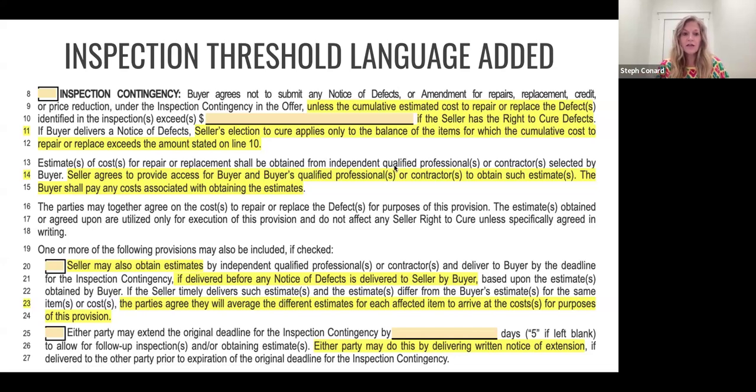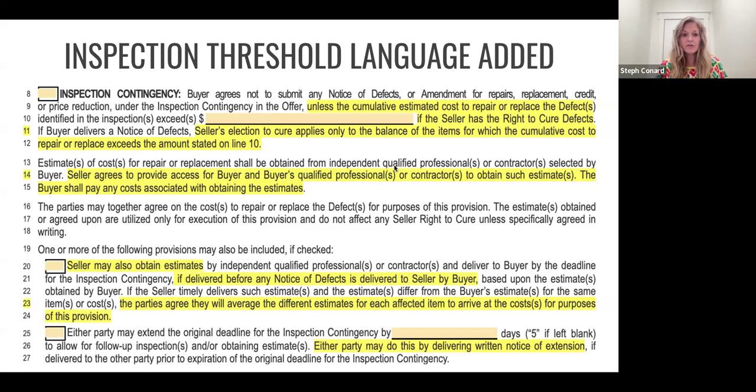The seller is agreeing to allow the buyer and their qualified professionals to get in. And I love that it states right off the bat, the buyer shall pay any costs associated with obtaining those estimates. So it's black and white right there for the buyer, like this is on you in terms of costs.